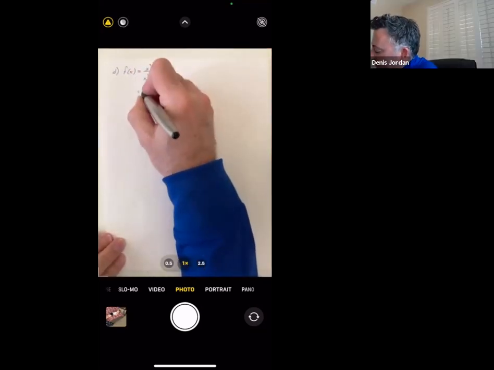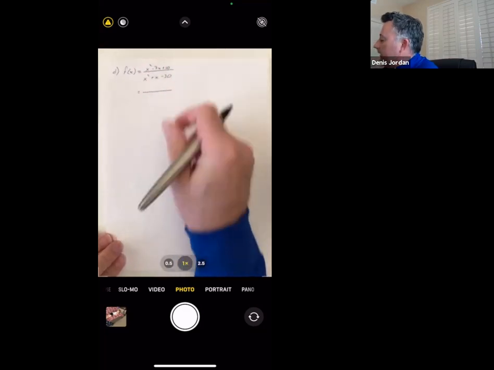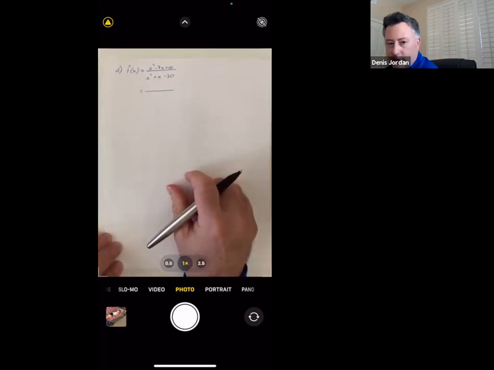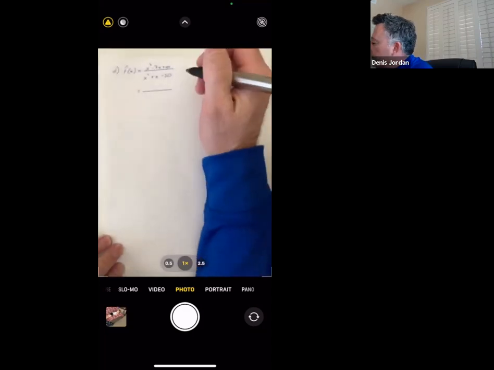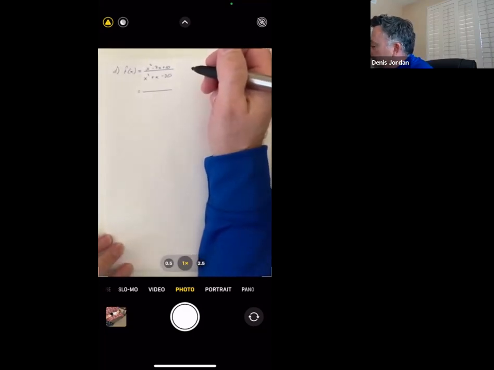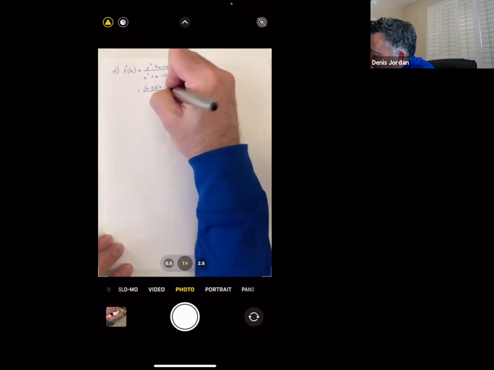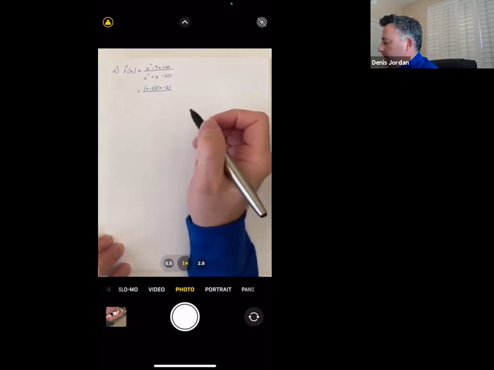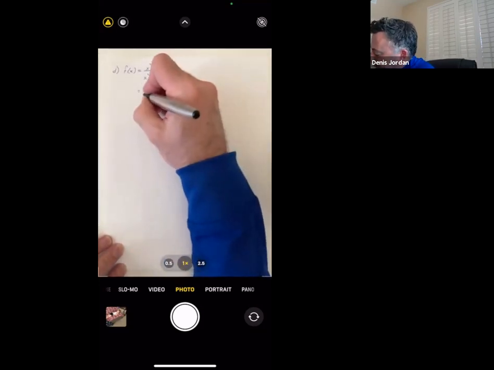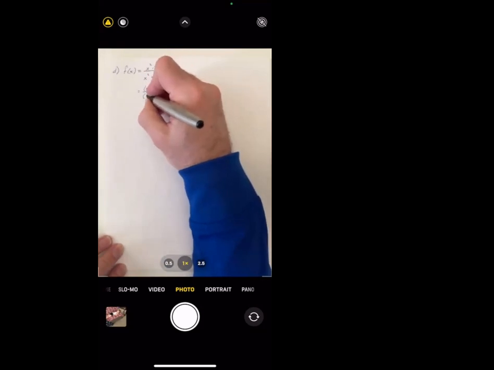So the top would just factor into x minus 5 times x minus 2. And the denominator? x plus 6 times x minus 5.